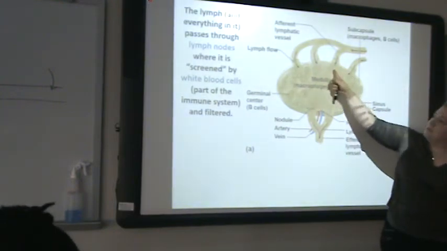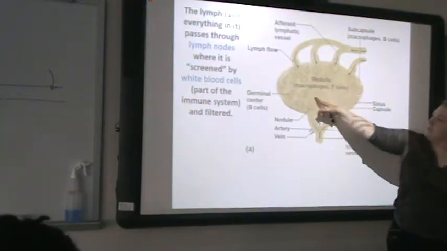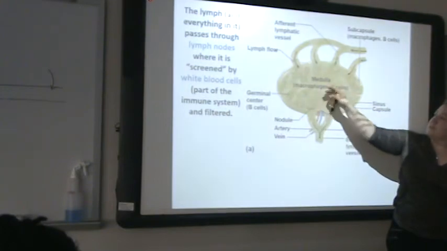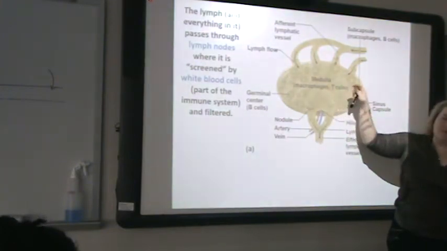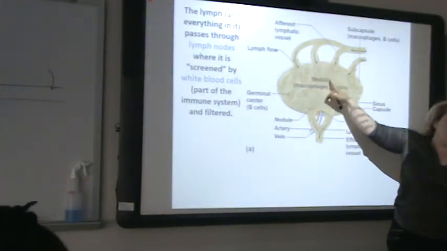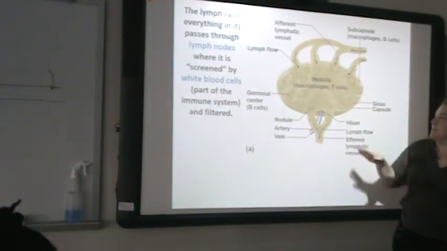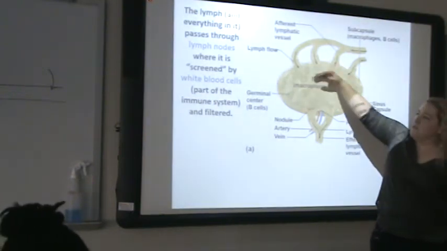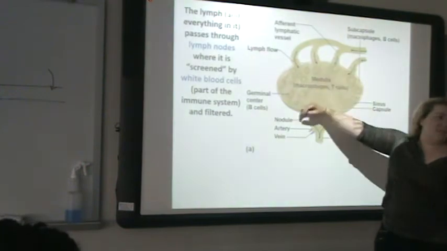So guess who is hanging out in here? White blood cells, macrophages, T cells, immune cells are hanging out in here, and in essence monitoring what's passing through to see if it's dangerous.